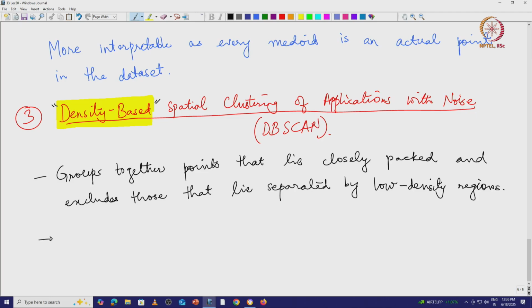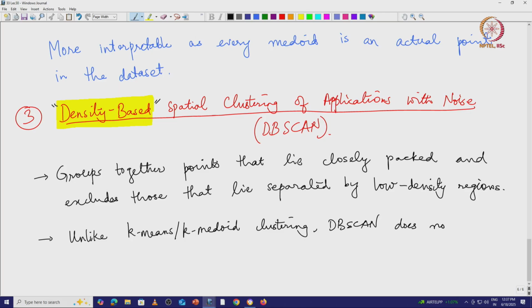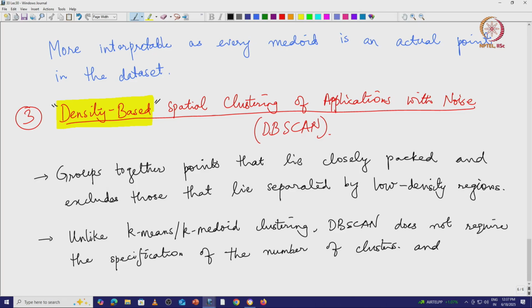And like I already mentioned, unlike K-means and K-medoid clustering, DBSCAN does not require the specification of the number of clusters, and it can find more arbitrarily shaped clusters.